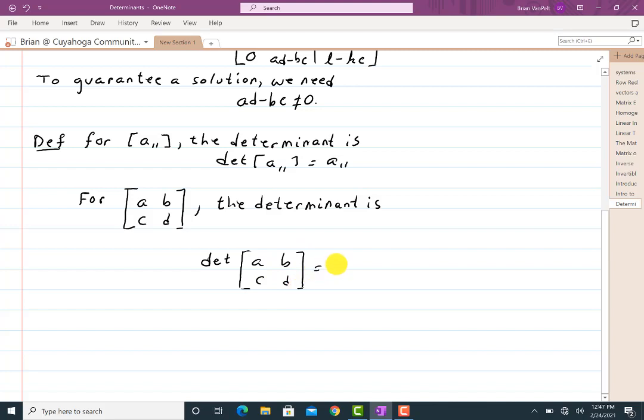And this is equal to AD minus BC. So that's what the determinant is for a 2 by 2 matrix. You take A times D minus BC. So it's sort of like a cross pattern.